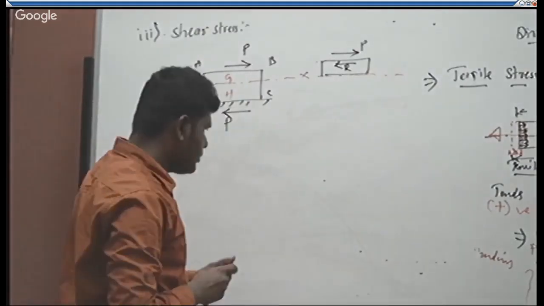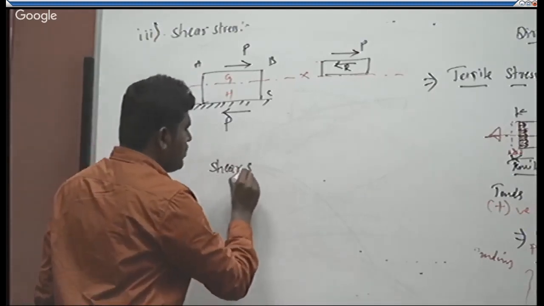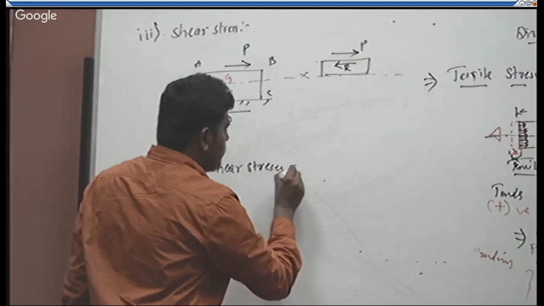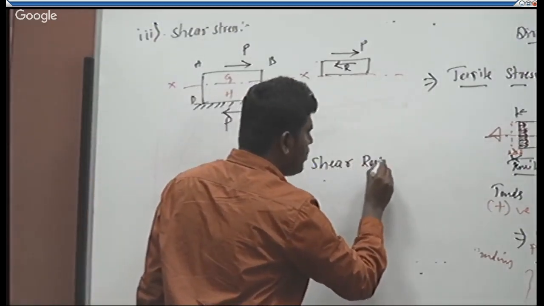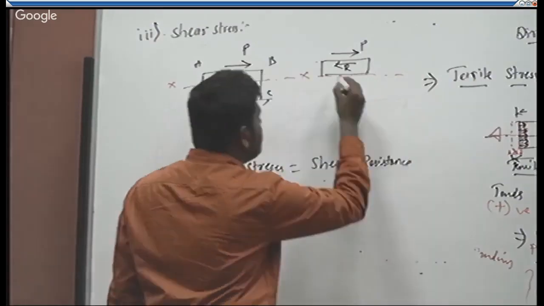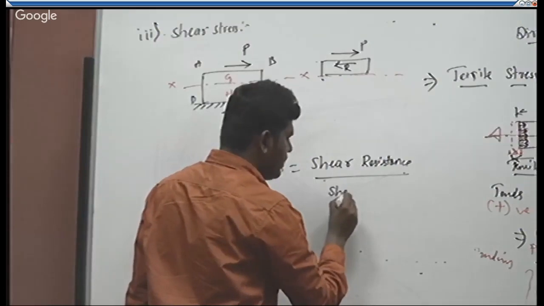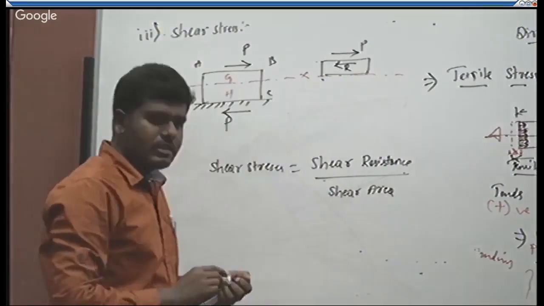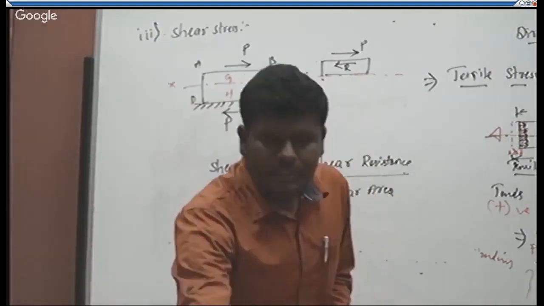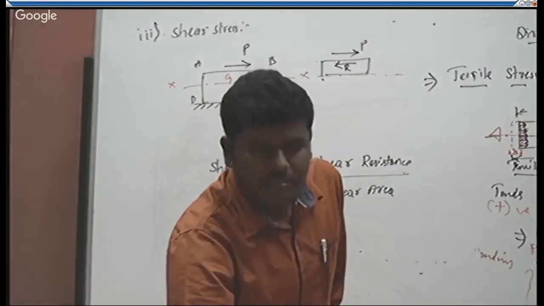So the shear resistance developed is offered by this particular area. Okay, so that is the shear area. When we look at this illustration, this is the initial position of the block.